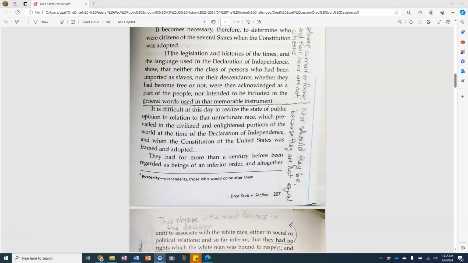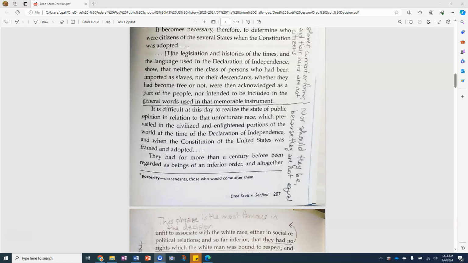Okay, so think back to what you remember about the Declaration of Independence, right? We hold these truths to be self-evident, that all men are created equal. Okay, all men are created equal. And what he's saying is, well, not really.